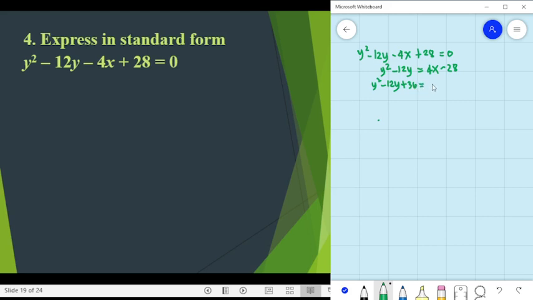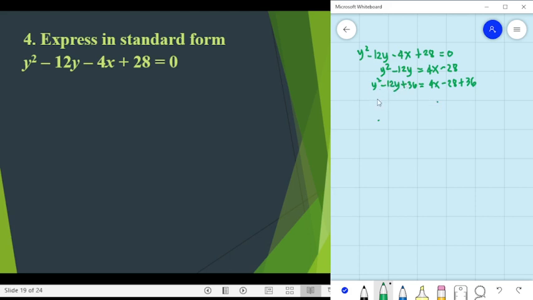Okay, and then copy down 4x minus 28. And since we are adding to the left side positive 36, we need to add also positive 36 to the right side. Okay? It is like when you give something to one side, you must give something to the other side. Because that would be unfair, right? That's the golden rule.